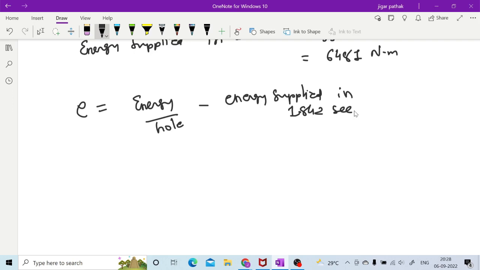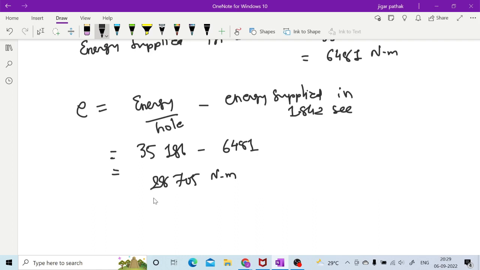So energy originally provided is 6481 only, while energy required is 35186, as we have already seen earlier. From this 35186, only this 6481 is the amount of energy provided. So the fluctuation is 28.2705 Newton meter, right?